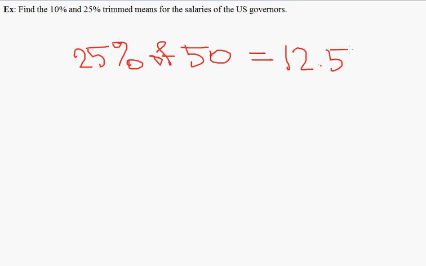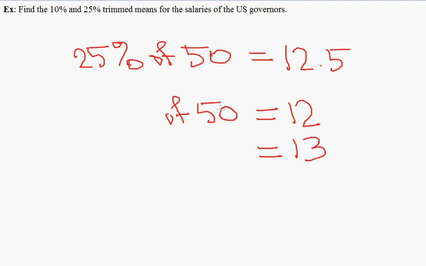Now clearly I can't just simply eliminate 12 and a half governors. So I can eliminate 12 governors, I can eliminate 13 governors, but I can't get rid of 12 and a half. So the way that I'm going to go about this is I'm going to figure out the percentages that go along with 12 and with 13, and then I'll interpolate.